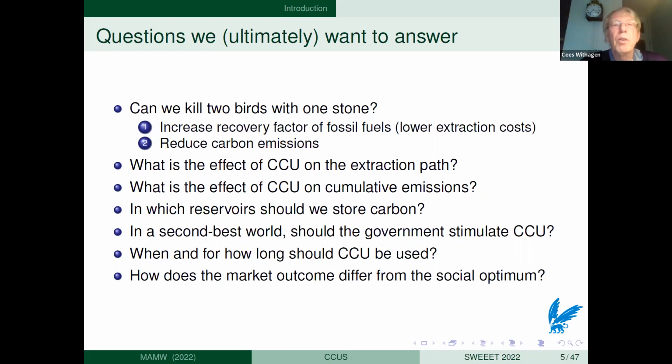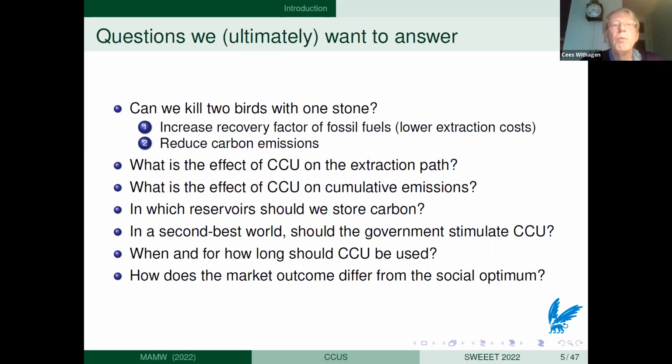We can reduce carbon emissions, that's one bird that we want to kill, but at the same time, we can wonder whether we can use the carbon that is captured to increase the recovery factor of fossil fuels. In fact, can we lower extraction cost of fossil fuel? So that's an important question that we want to address.